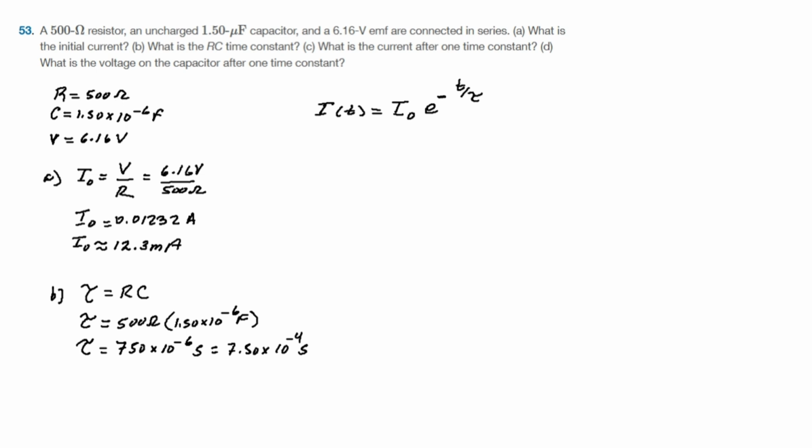Now, when t is one time constant, after one time constant, it means that the time t is equal to tau. So I of tau is equal to I sub 0 times e to the power of negative tau over tau.